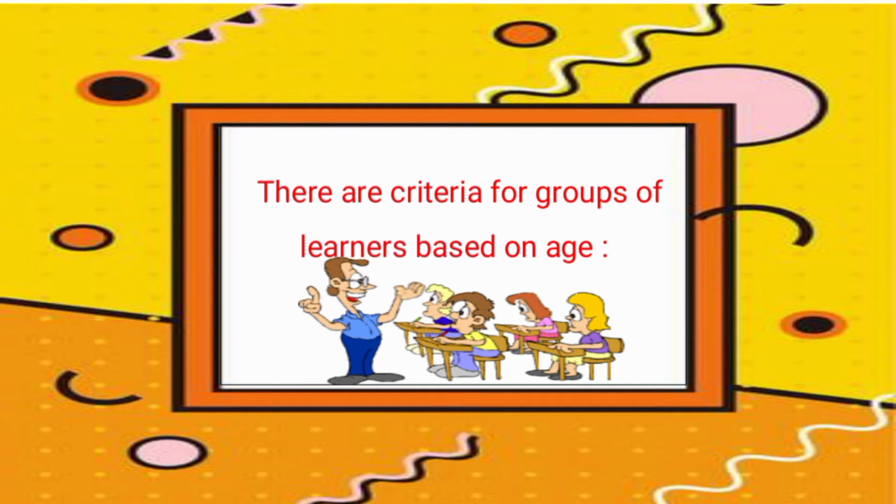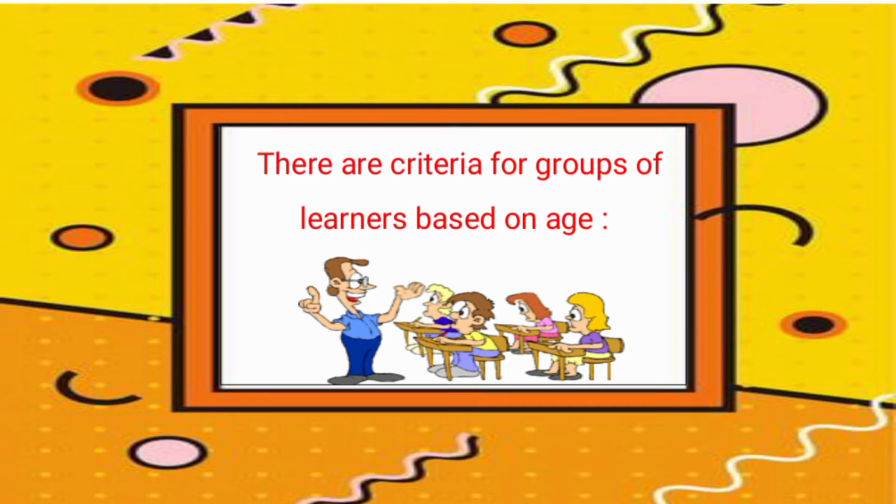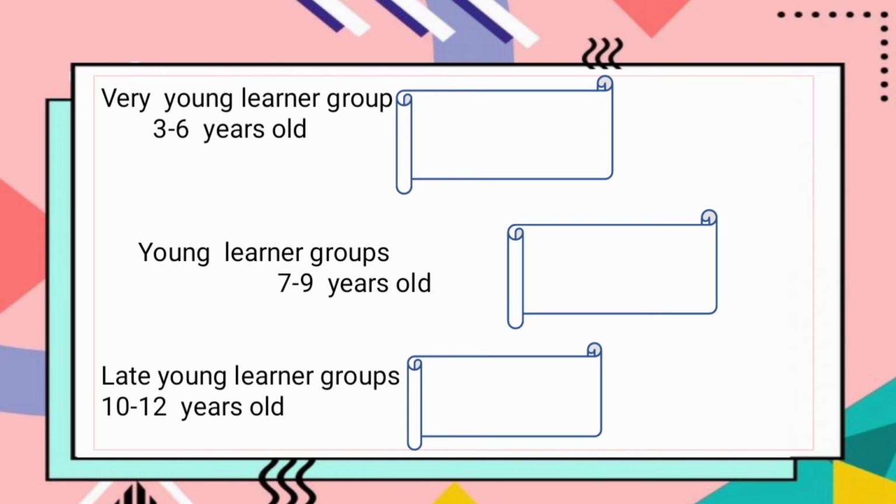Okay, let's move to the criteria for groups of learners based on age. First, the very young learner group is from 3 to 6 years old. Second, the young learner group is from 7 to 9 years old.